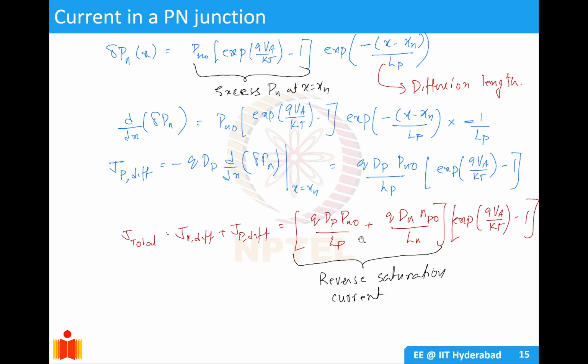If you calculate for reverse bias, you get these values. Hence this is called reverse saturation current, because this is the current value you will get in reverse bias.